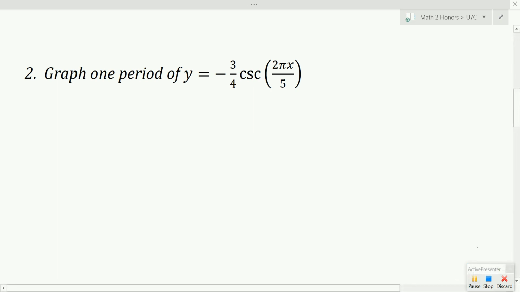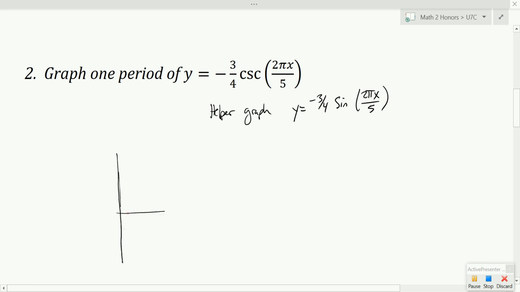All right. So on this one, my helper graph is going to be y equals -3/4 sine of 2 pi x over 5. So work hard on getting a good graph for my sine curve.